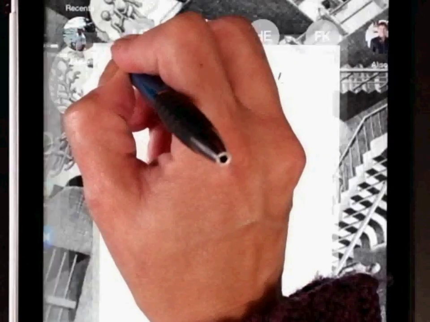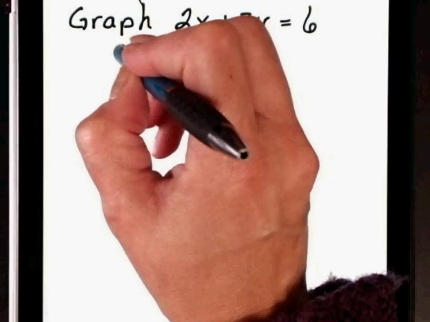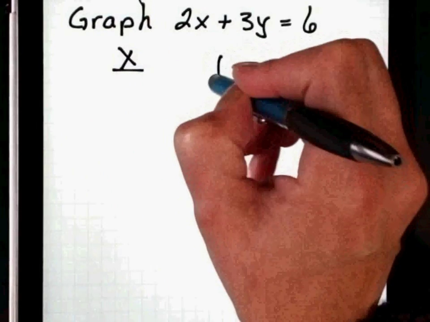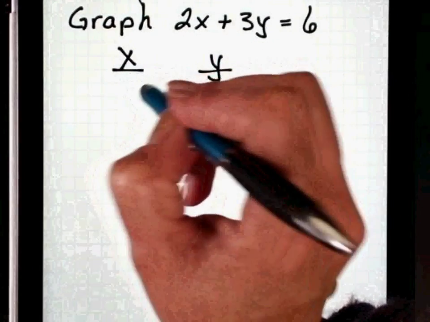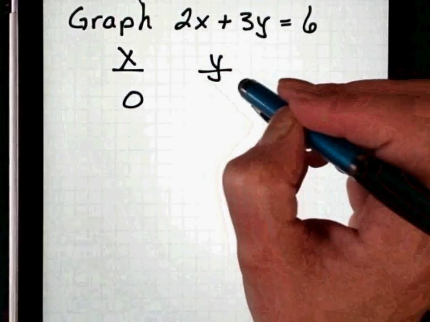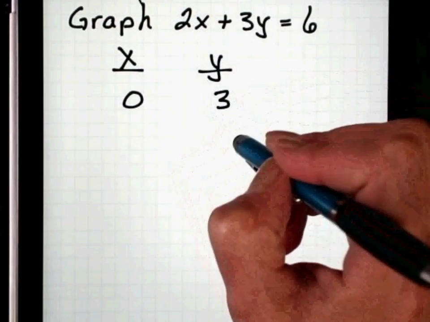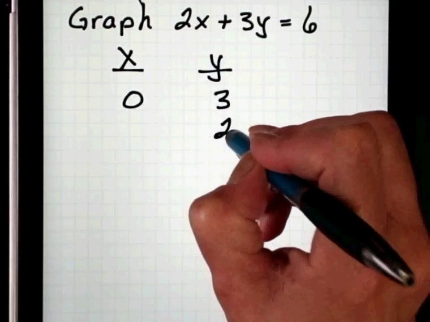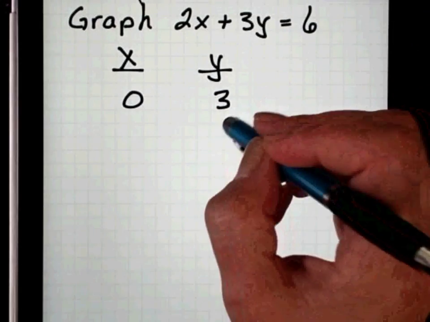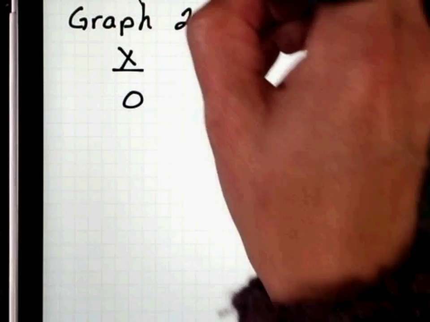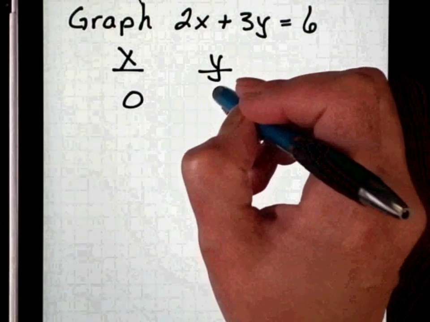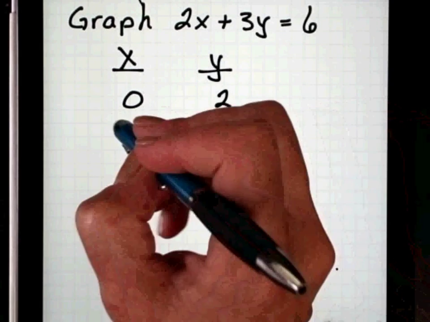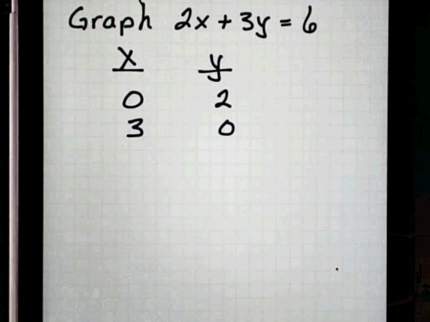The easy way to do this is to make a table for x and for y. We've already said that if x is 0, y is 3, and if y is 0, x is 3.